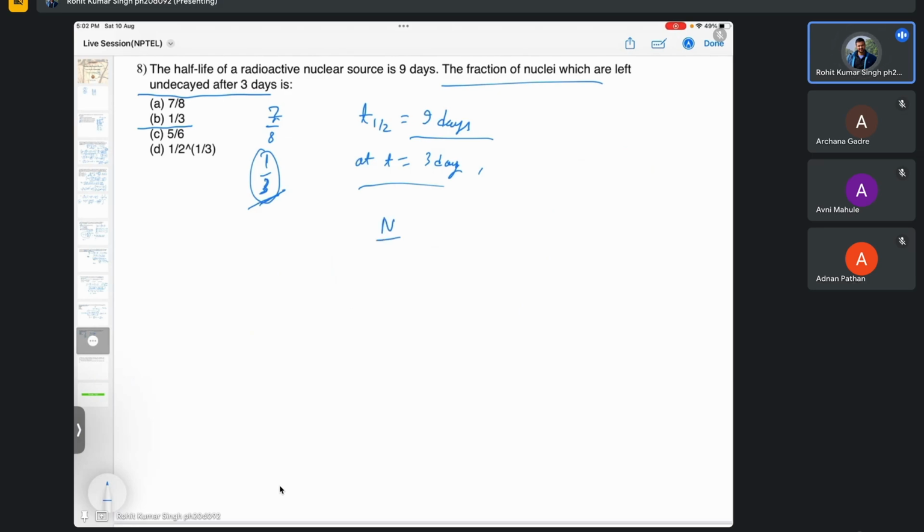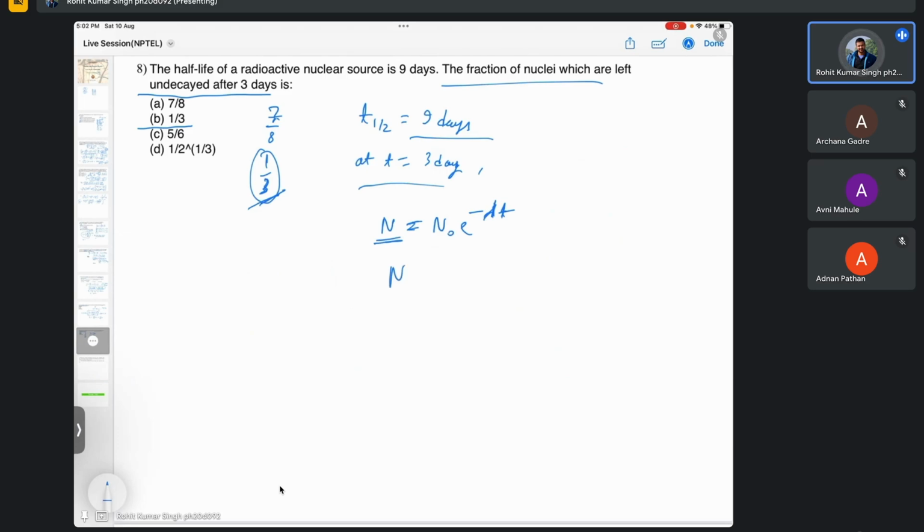So okay, what is the formula that we have? For radioactive decay, we have this formula, right? Number of nuclei as a function of time.